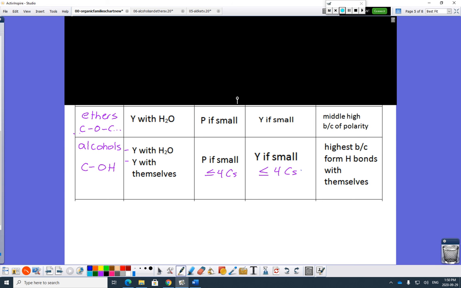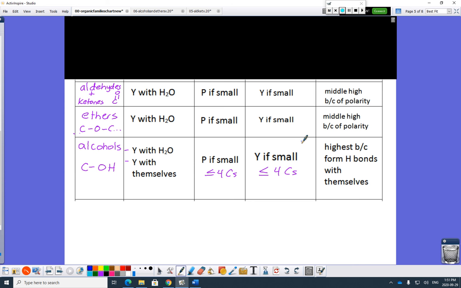And then same thing with aldehydes and ketones.